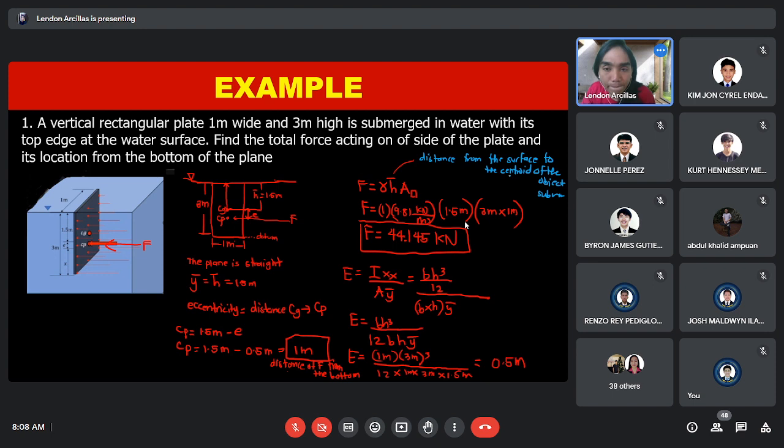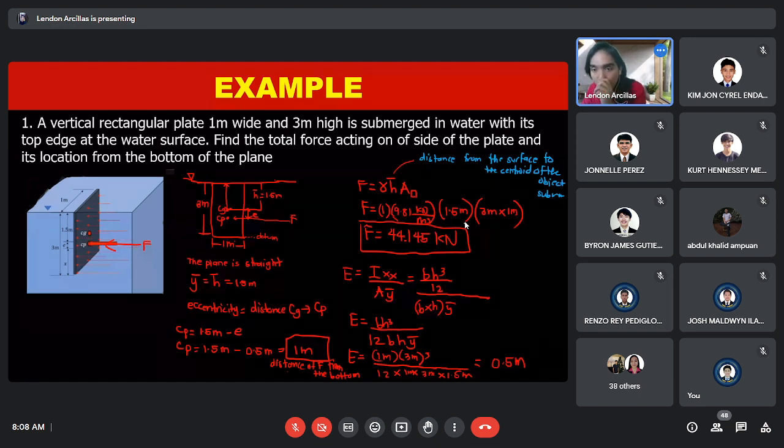Okay? So next is just the area of the rectangle, or the area of the object, shape of the object, which is 1.5 which is 3 times 1. So you have the center, the hydrostatic force.